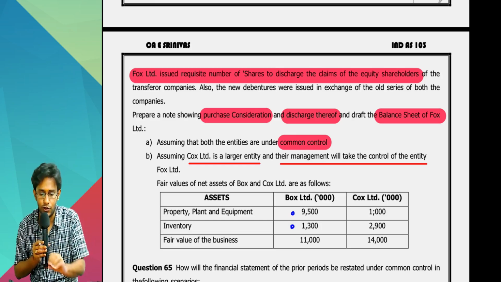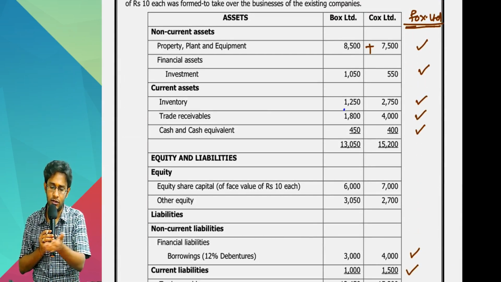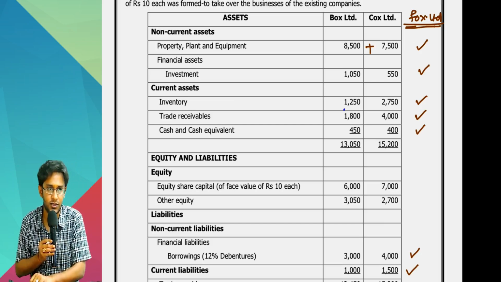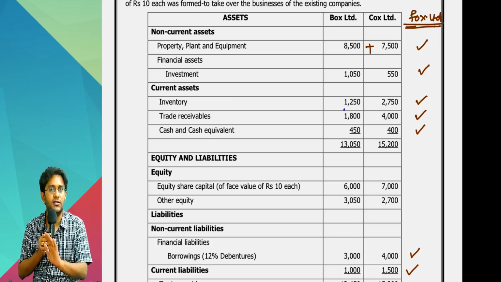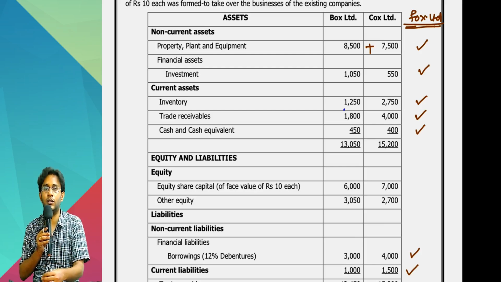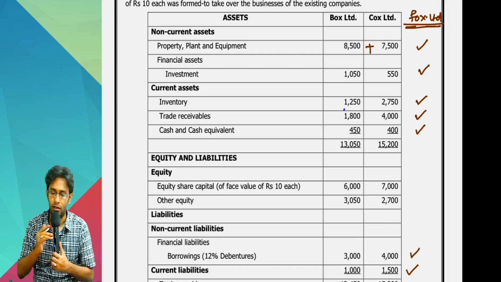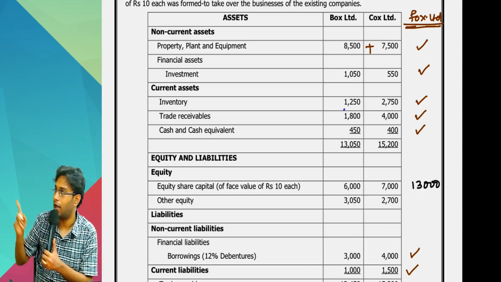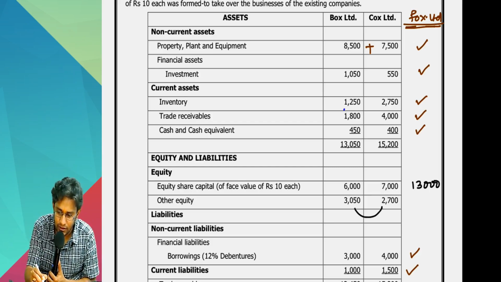So what this fellow assumed is: presently how many shares are there? 6,000 and 7,000. So that is 13,000, or 1,300 shares overall. Since no information is given, we assume that the share capital of Fox Limited also is 6 plus 7, 13,000. If you assume that, every asset you added and liability you added, obviously these two also you have to add.